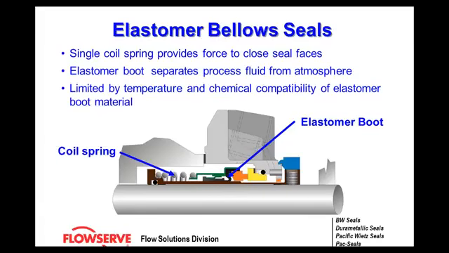What elastomer bellows allow you to do is they're a little bit more forgiving to movement than a regular dynamic O-ring on a pusher seal. Elastomer bellows allow for a little bit more axial or radial movement. You'll see these in general service seals.